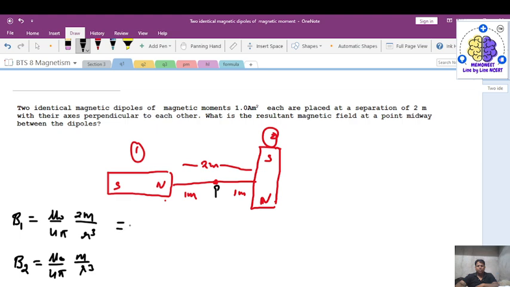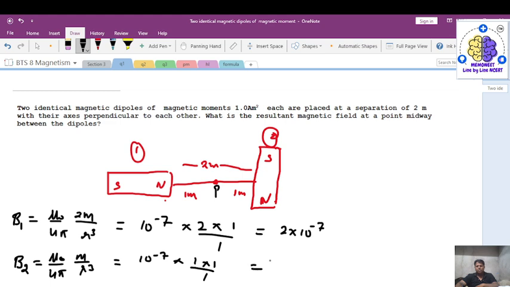So putting the values here, we will get 10 to the power of minus 7 into 2 into m is 1 for both the magnets upon r cube. R cube is again 1. So from here we'll get 2 into 10 to the power of minus 7, and B2 will have its magnitude as 10 to the power of minus 7 into 1 into 1 upon 1. So this will be equals to 1 into 10 to the power of minus 7.